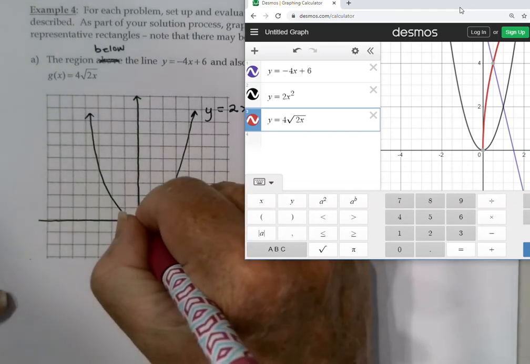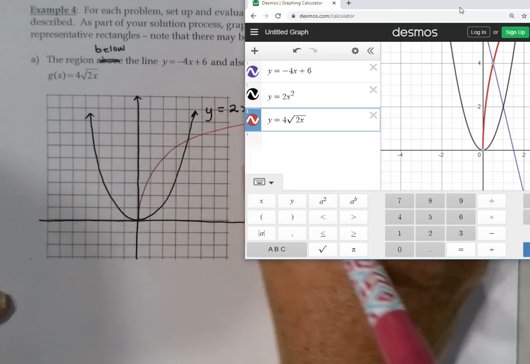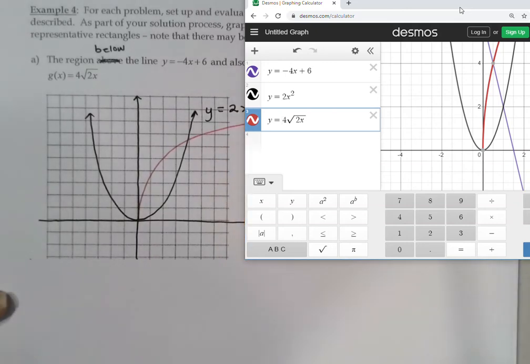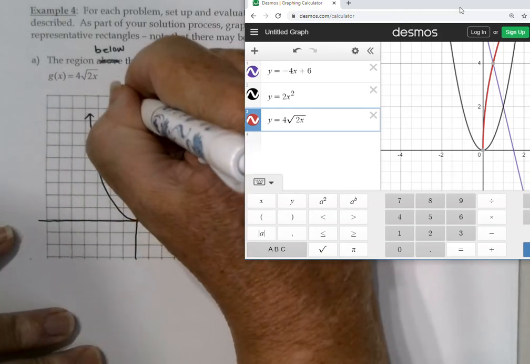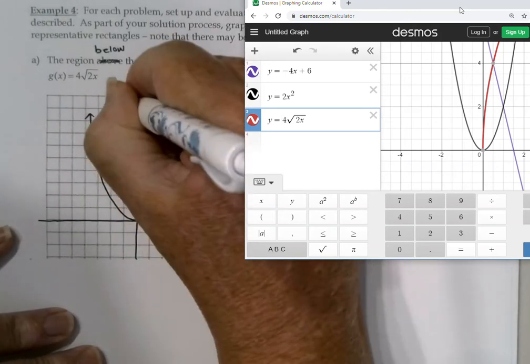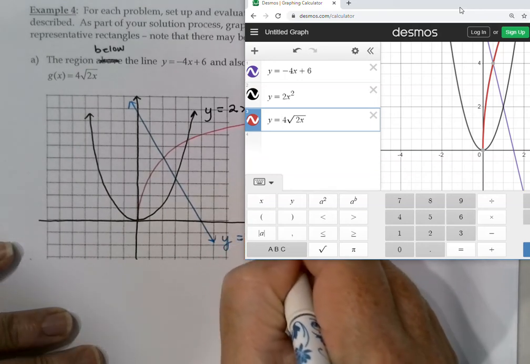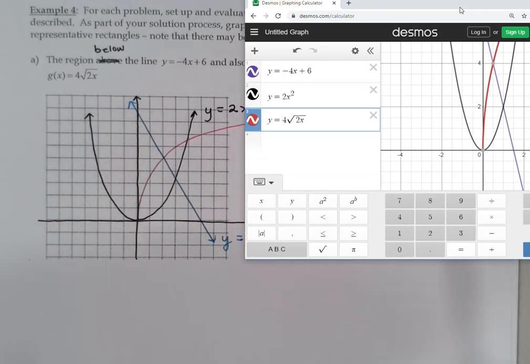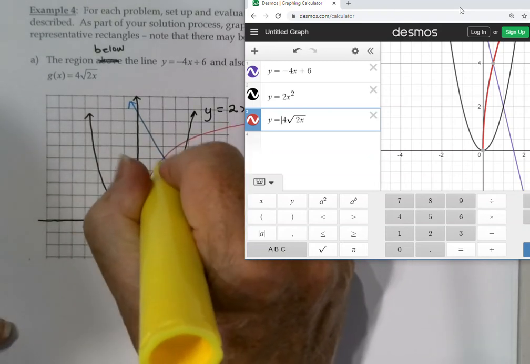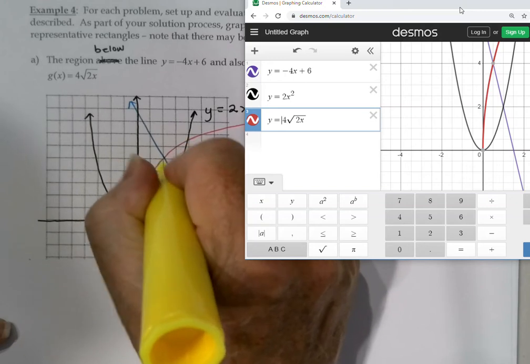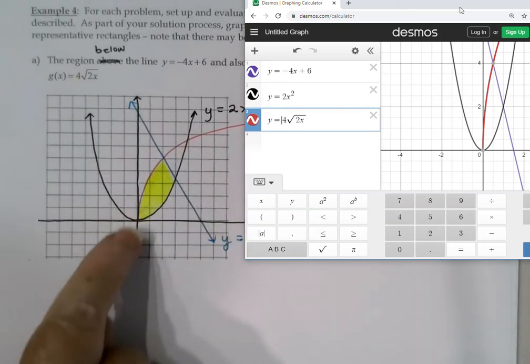Here's the square root graph, y equals 4 square root 2x. And then I've got the line kind of coming down like this, y equals negative 4x plus 6. And I'm looking for this area. And again, I knew it was this one and not that one because we specifically said below the line.